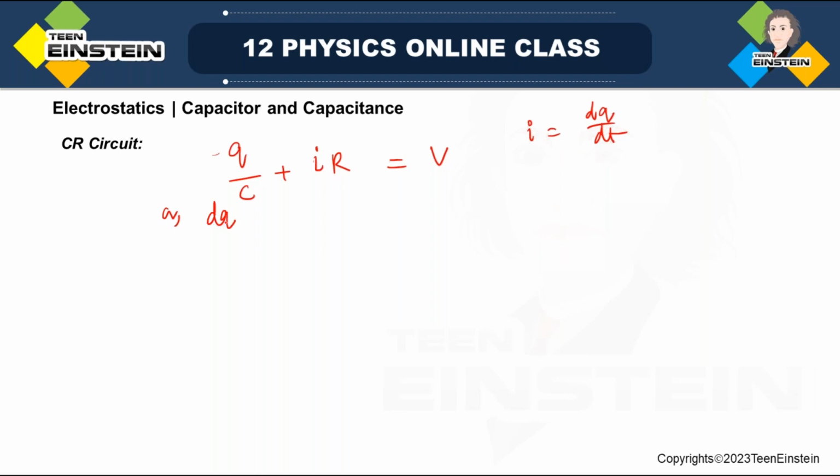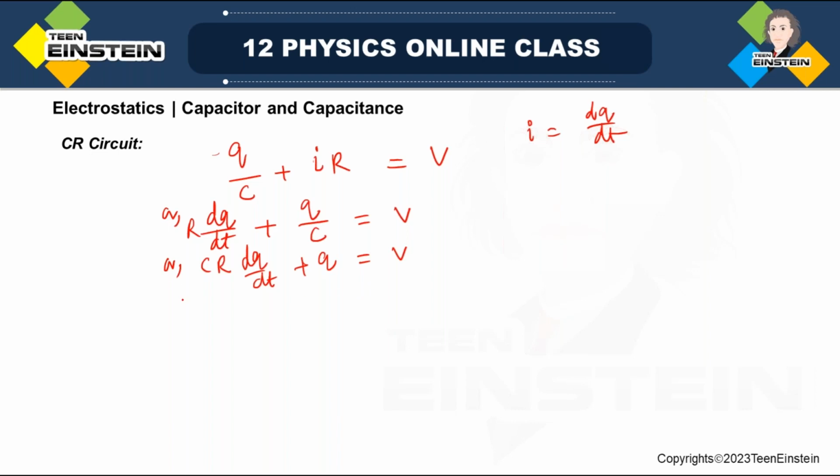So dq by dt into r plus q by c is equal to v. I can multiply c everywhere, so CR dq by dt plus q is equal to v.